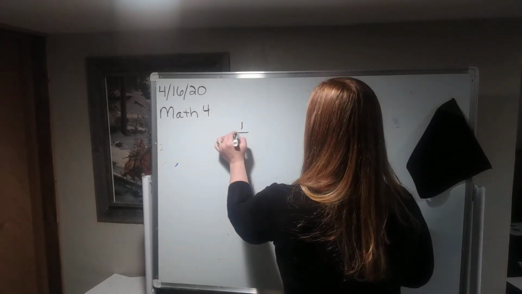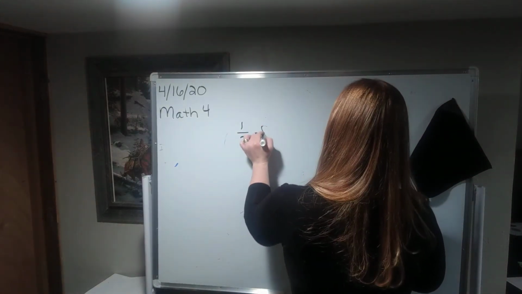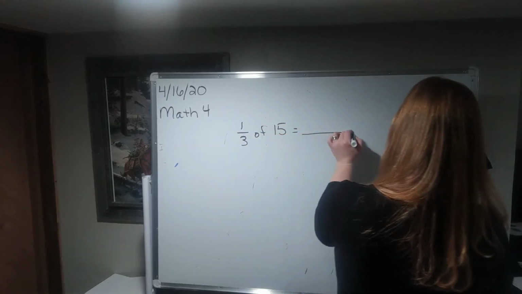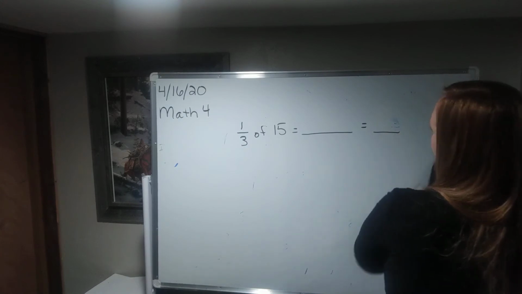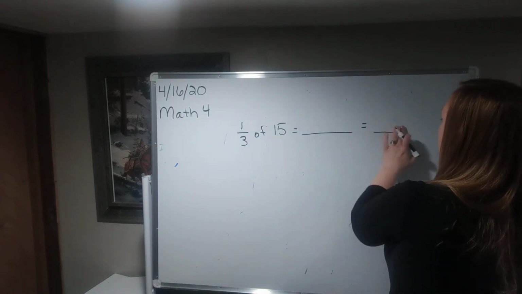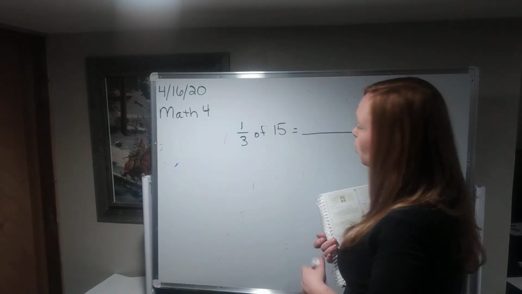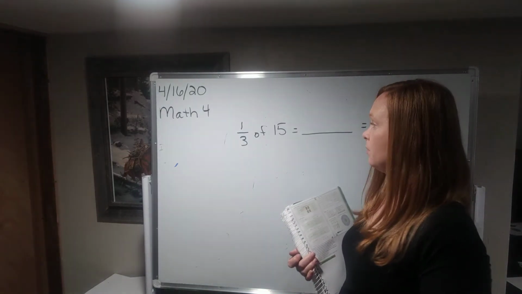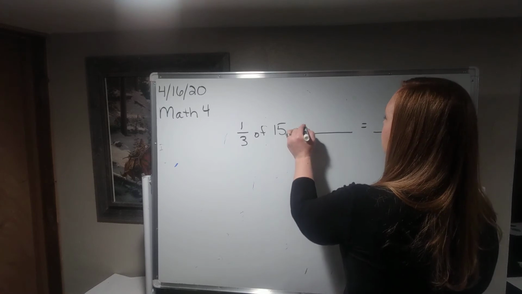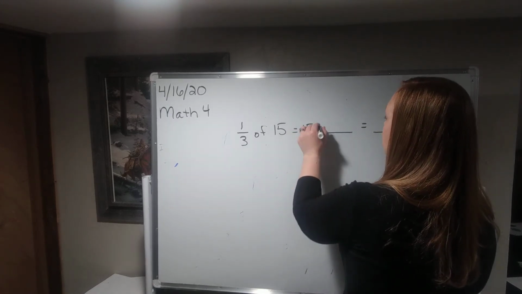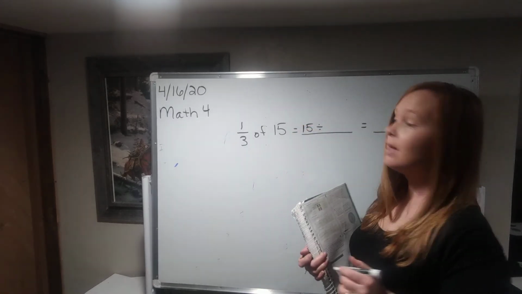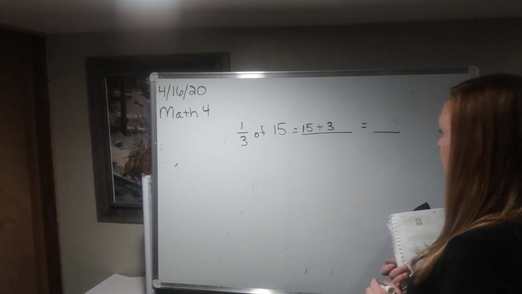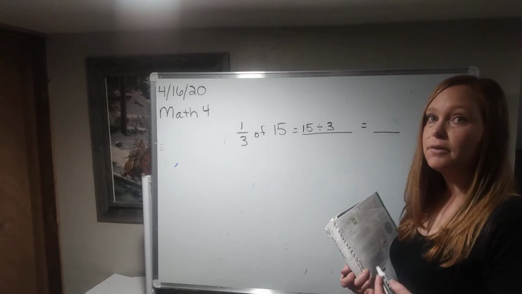It says 1/3 of 15 equals, and then it has a blank, and then an equal sign. This is the way they've set it up for you to think through this problem. Without drawing a picture, what is my problem that I need to do? I need to take my whole number, 15, and divide by the denominator, 3. What is 15 divided by 3? 5.